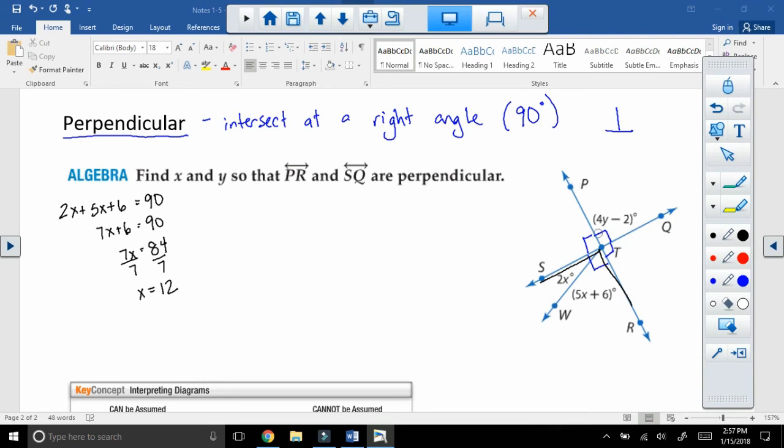For this one here, it's just referring to this one angle, PTQ, and that angle all by itself is 90. So you could add 2 to each side. 4y equals 92, and when you divide each side by 4, y equals 23.